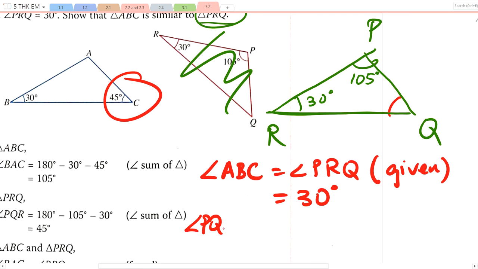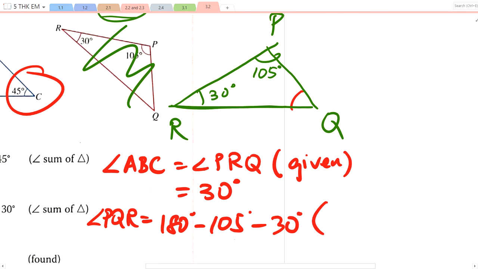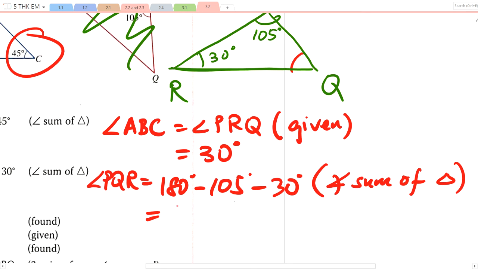Okay, so that's what I'll write down. Angle PQR equals 180 degrees minus 105 degrees minus 30 degrees. What is the reason? Angle sum of triangle. 1, 2, 3, 4: four items, remember. Angle sum of triangle. And this will give me 45 degrees.